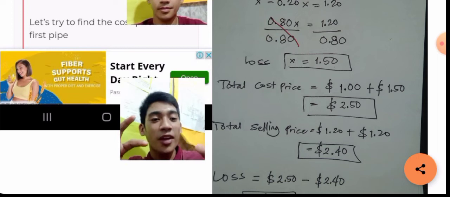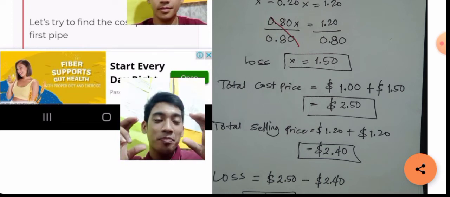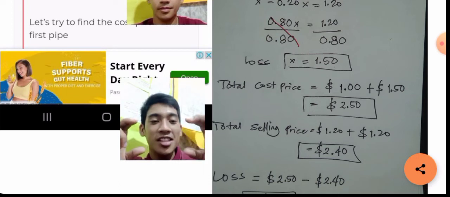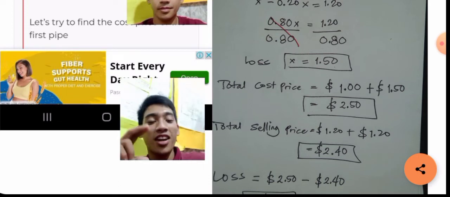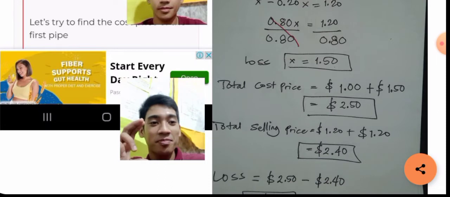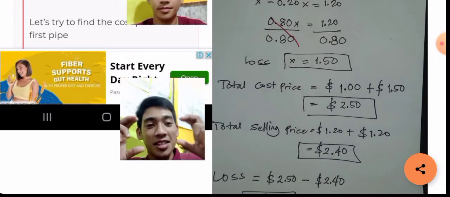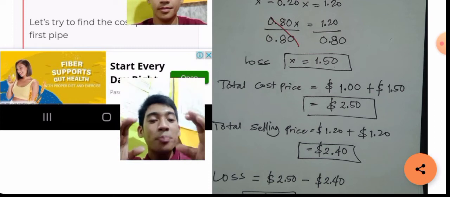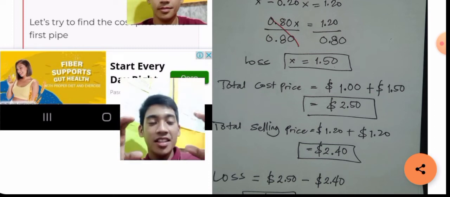And the cost price made by this man in obtaining these two pipes and selling them to the buyer is the price paid by the seller to obtain them and place them in his business.